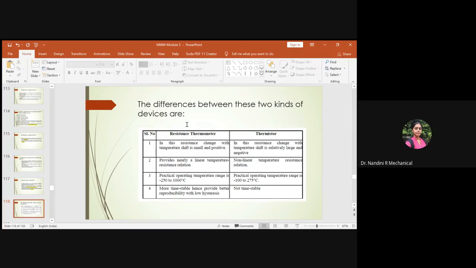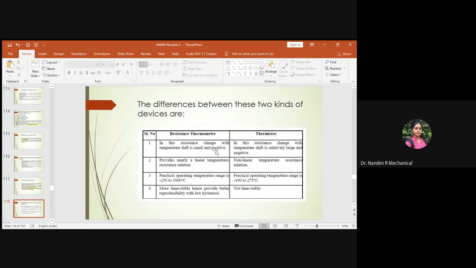Speaking about the resistance thermometer first, the resistance change with temperature shift will be very small. The change in resistance due to the shift in temperature will be small and it will always be positive.